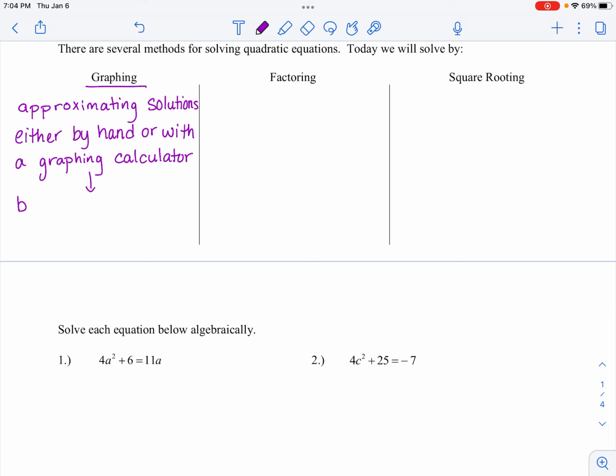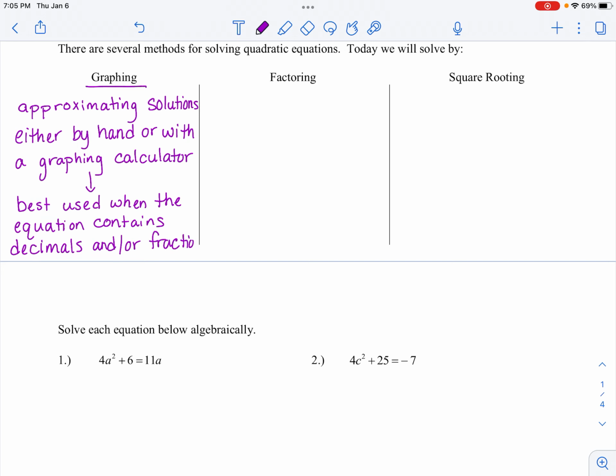And it is best used when the equation contains decimals and/or fractions. And when I say fractions, I mean complicated fractions.